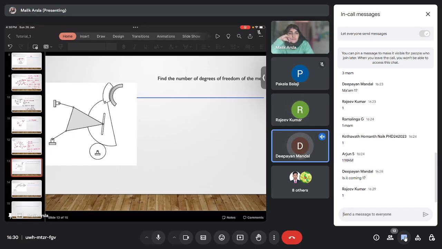Yes, ma'am. Number of links I got 8, and number of joints I got 10. No, I guess it is wrong. Your answer is correct, but the approach is wrong. What about you, Rajiv? Same thing. Number of links is 8 and joints is 10.